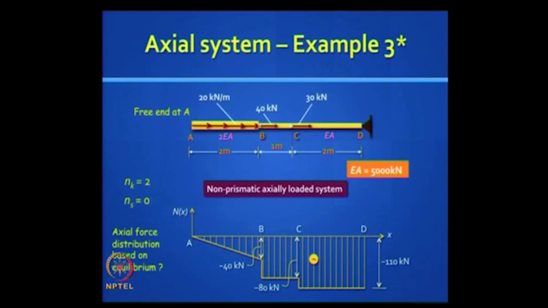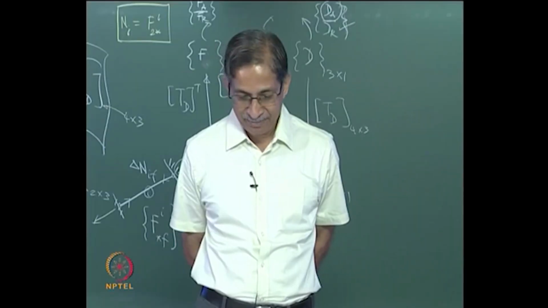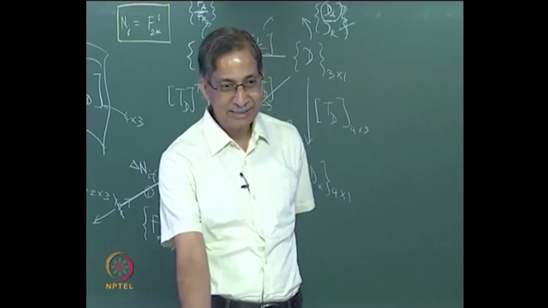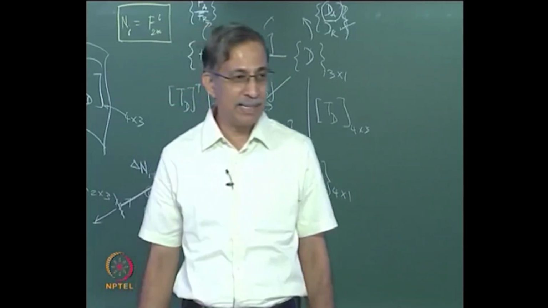You apply unit load, principle of virtual work, right? Let us say I want the displacement at the free end at A, and what will be the axial force inside the system due to a unit load? Constant. So what is the formula for dA? It is just the area of this diagram that we drew divided by EA.